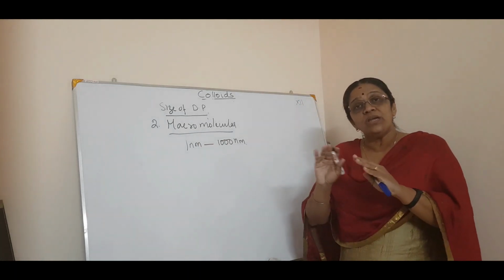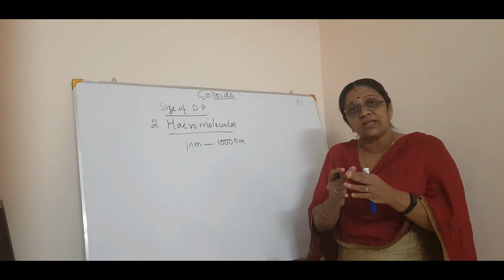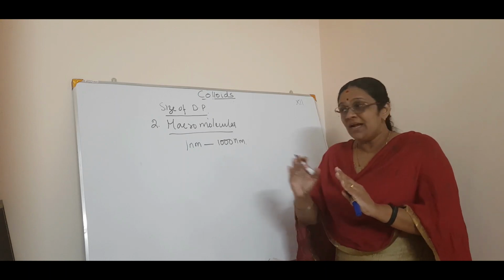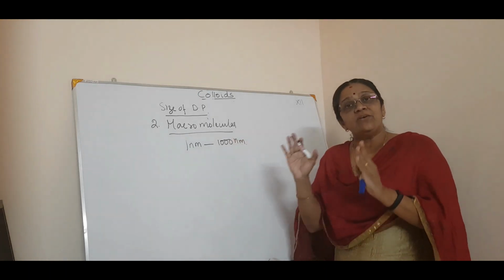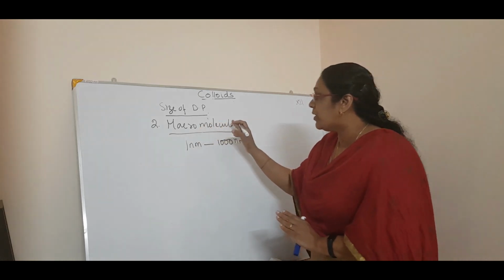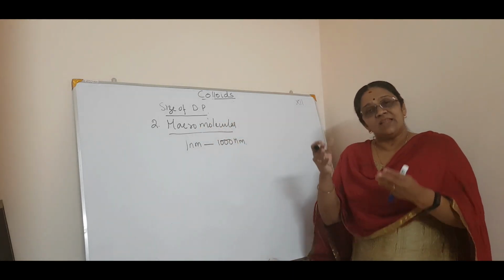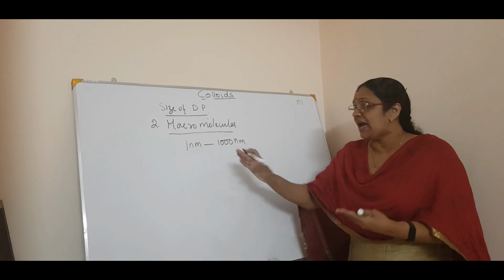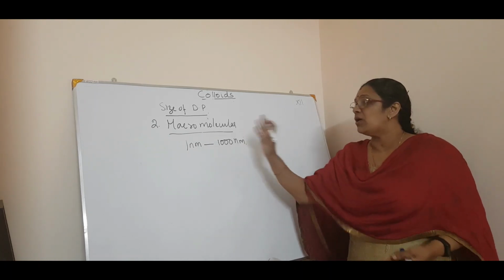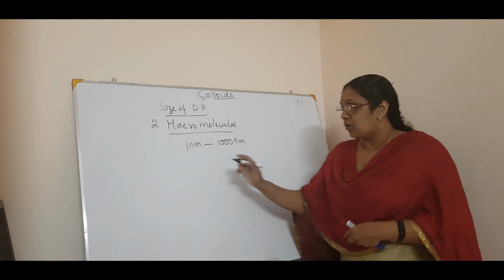So there is no need for combining together or for dispersing away. So naturally it is occurring in a colloidal form. That is called macromolecular colloids. That means the macromolecule itself is having a size of colloidal range. So that is why it is called a macromolecular colloid.